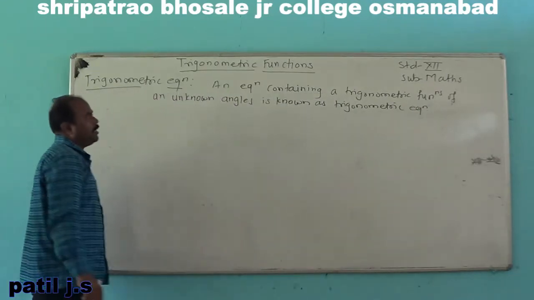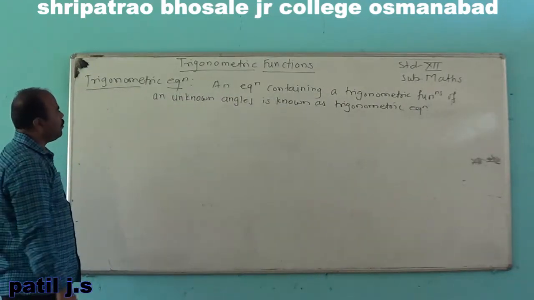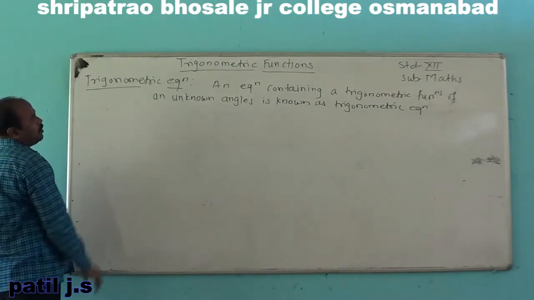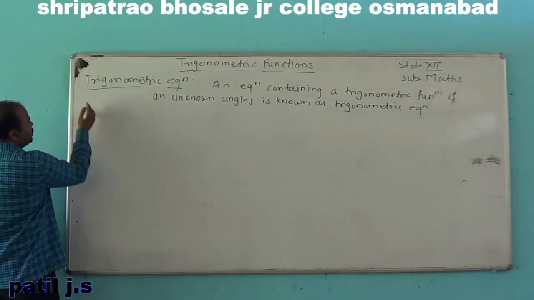An equation containing trigonometric functions of an unknown angle is known as a trigonometric equation.